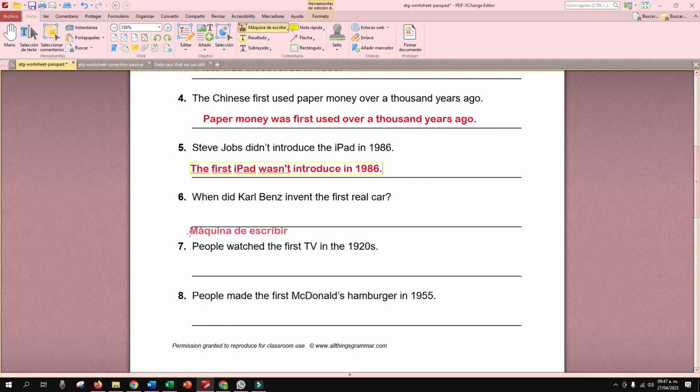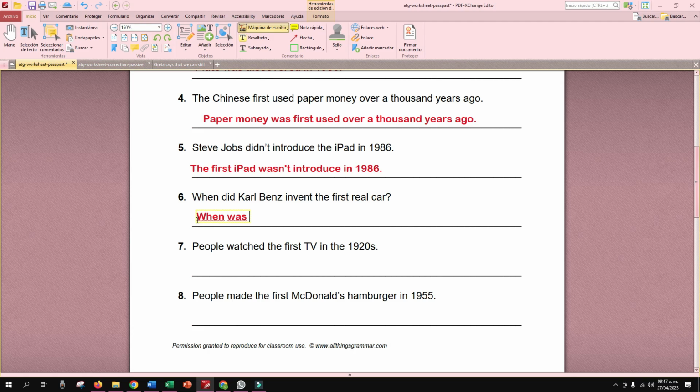Good. 6. When did Karl Benz invent the first real car? Maybe when was the first real car invented. Let's change it a little bit.